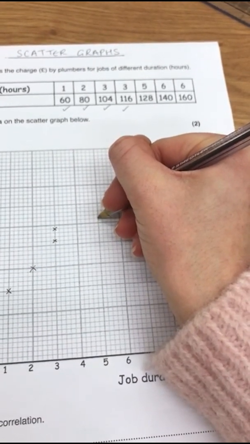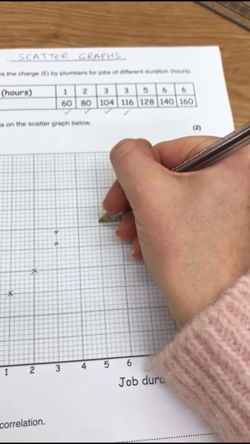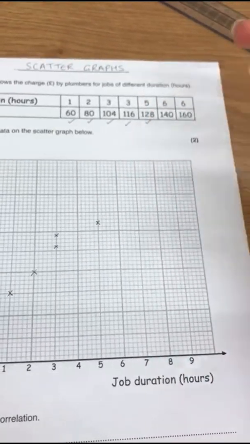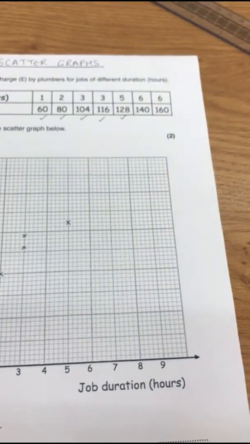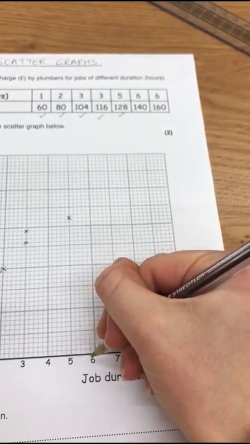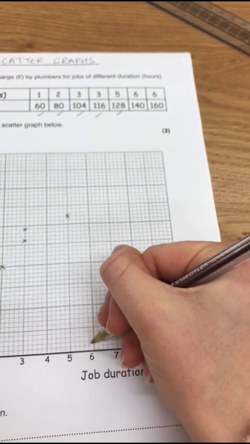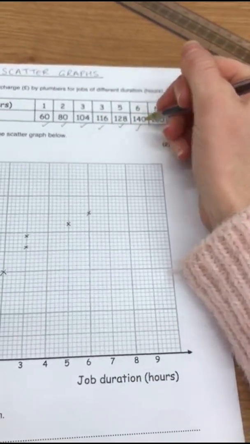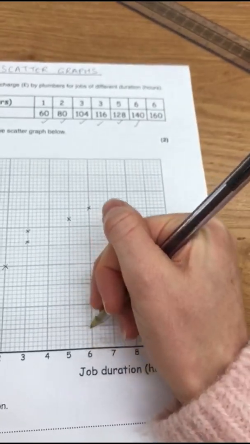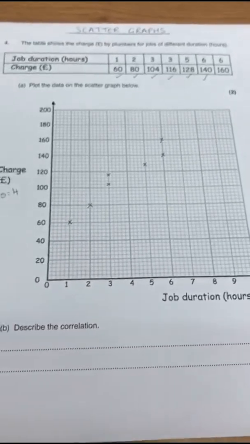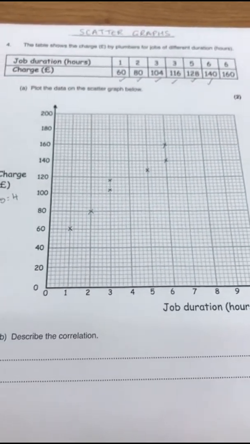And then I know again that each square is worth 4, so that's 124, so that's 128. Okay, last two, both 6 hours. On the first one, they charged £140. So go to 6 here and go up to 140. And then you've got another 6-hour job at £160. So that's your 2 marks for all your plots done.